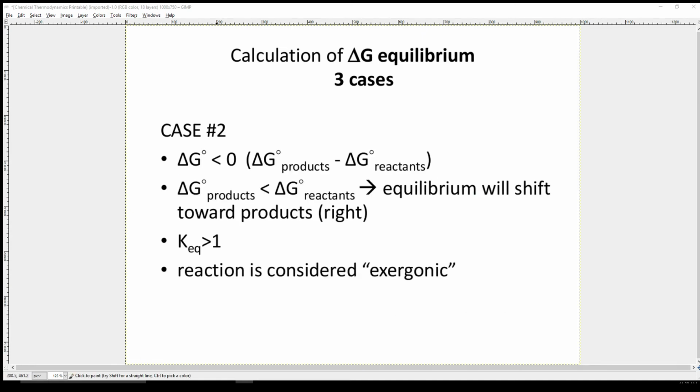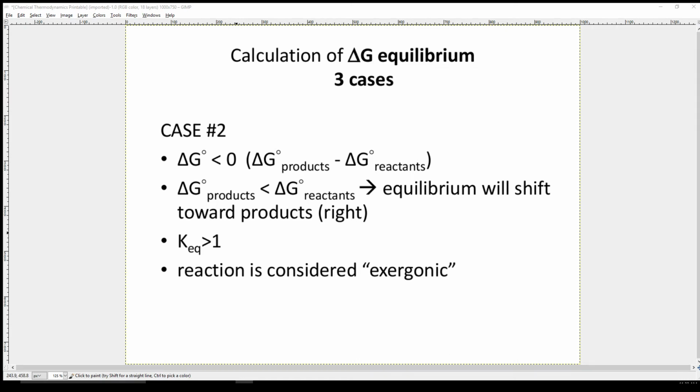Here's another case. What if your delta G is less than 0? Remember, it's products minus reactants. So if it's less than 0, that means that you have less products than reactants. If it's not equal to 0, then it's not at equilibrium, and so it's actually going to shift towards the products to make more of them.